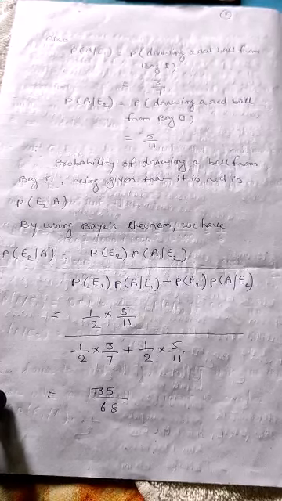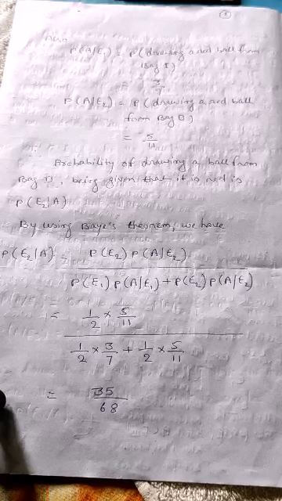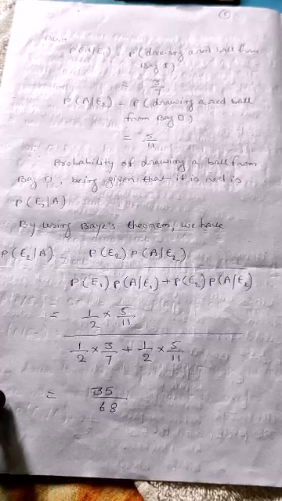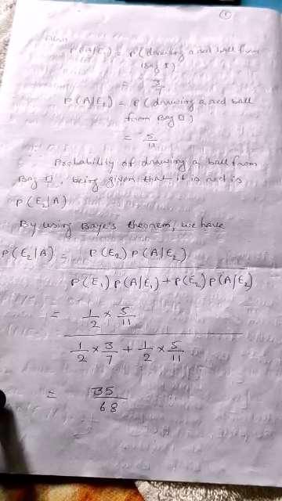In the same manner, P(A|E2) means the probability of drawing a red ball from bag 2. In bag 2 there are 11 balls in total, and 5 are red, so the probability is 5 by 11. So we got all the values.